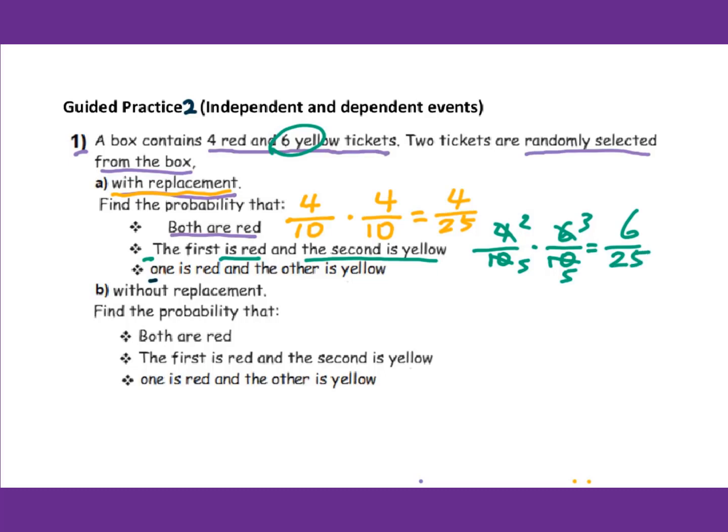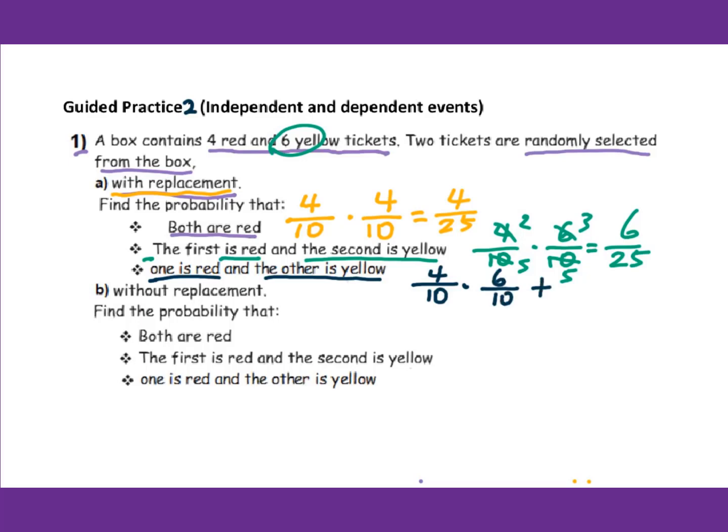Now let's go to this question. One is red and the other is yellow. They didn't tell you whether it is the first red or the second red. That's the reason you have to consider 2 situations. First of all, first is red, you have 4/10. Then second must be yellow, so we have 6/10.